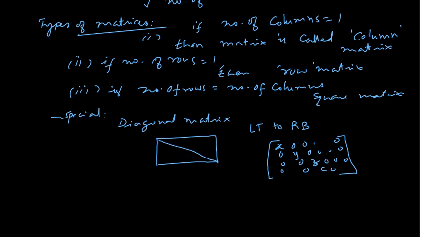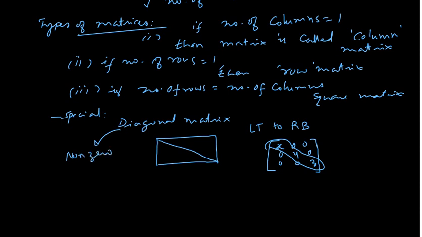Therefore, I'll remove all this stuff and take a 3 by 3 matrix, for example, with 0 0 z. This is the diagonal. So this diagonal is non-zero.